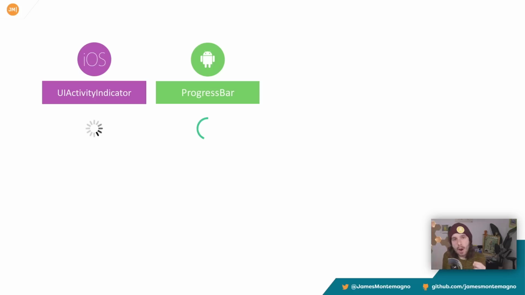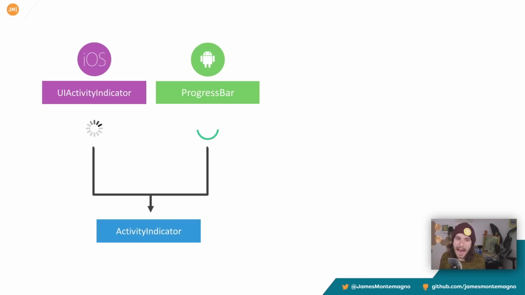What .NET MAUI does is it says, let's abstract this control into a common, consistent API for developers to use. So what they do is they created an activity indicator. Now, when you create this in C# or your XAML markup, this is going to still render and create a native control at the end of the day.